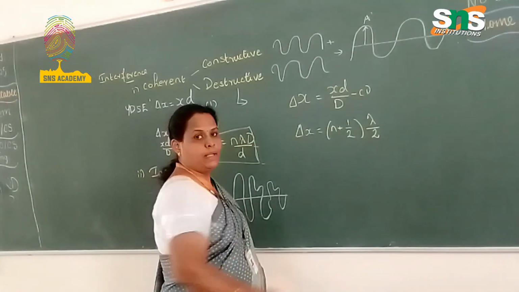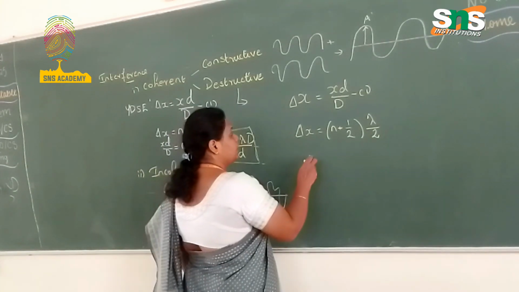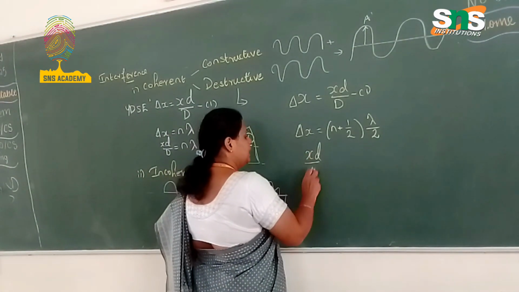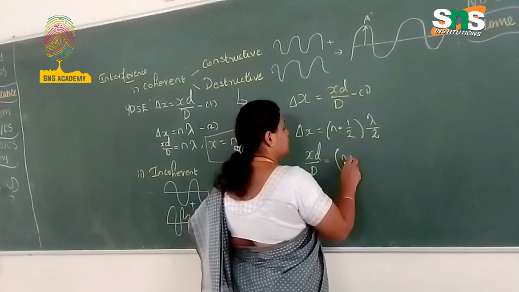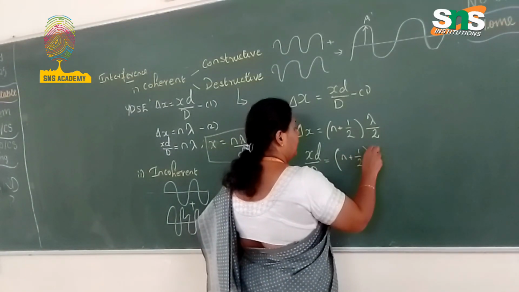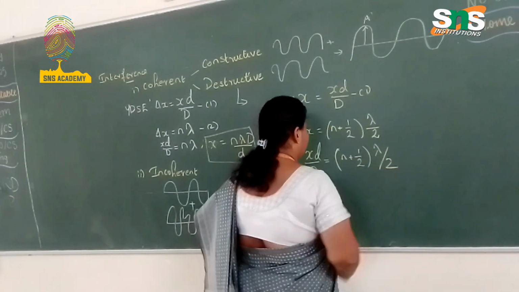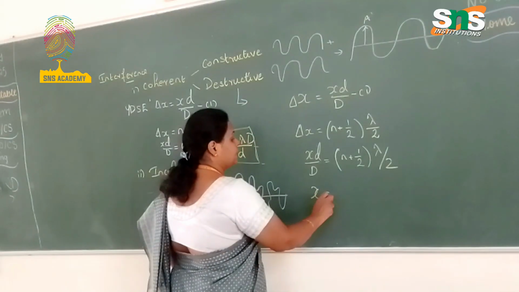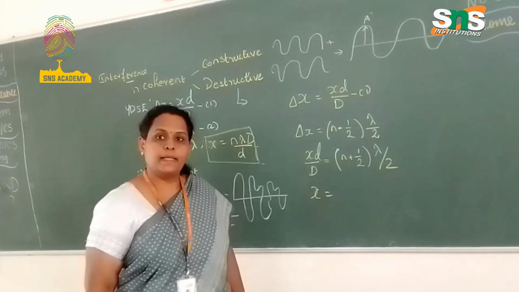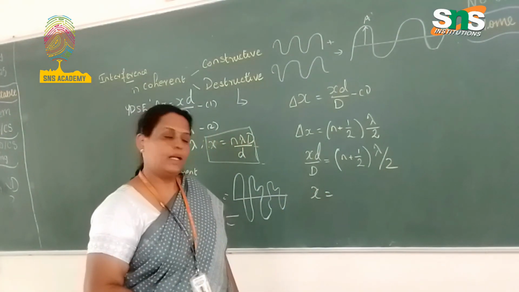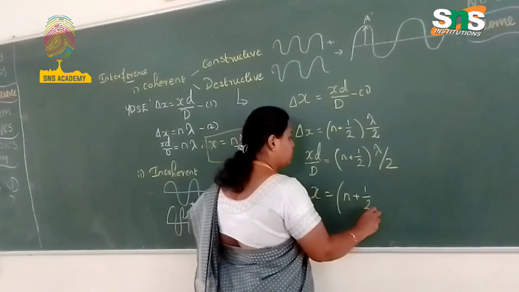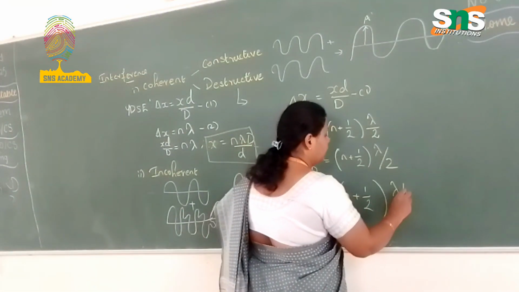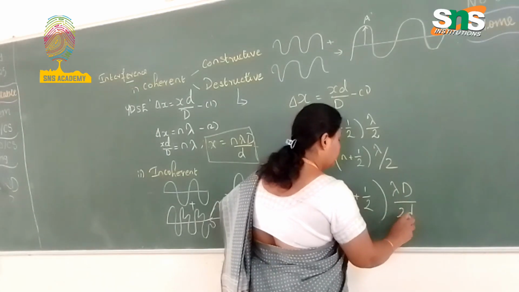So if I compare these two, x d by D equals (n plus 1 by 2) into lambda by 2. So what will be moved? D will go to the numerator side and the small d will go to the other side. Very good. So (n plus 1 by 2) into lambda D by 2d.